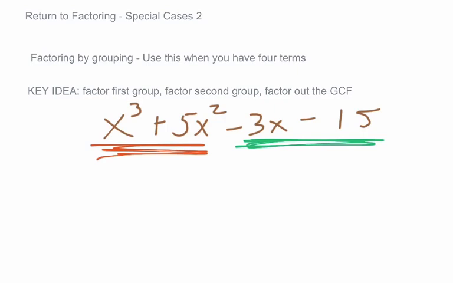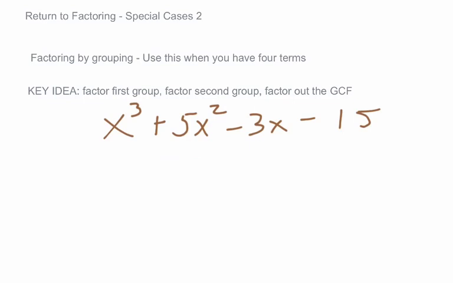When we do that, we are going to see a common factor appear. If we were in class, what I would do is put my hand over that part to block it from your view. I can't really do that in a video, so you're just going to have to pretend it's not there.